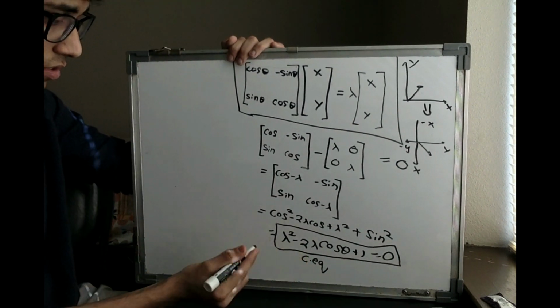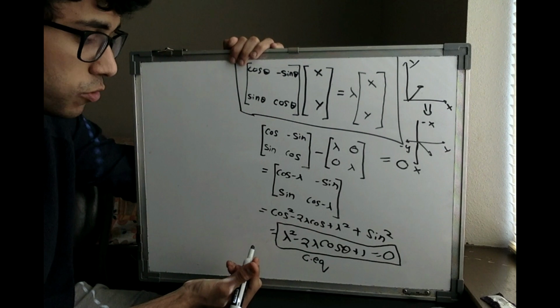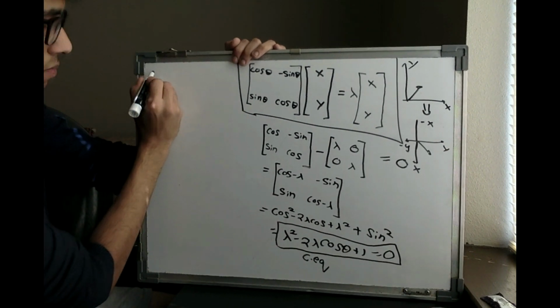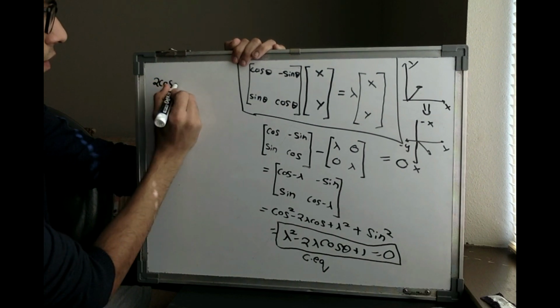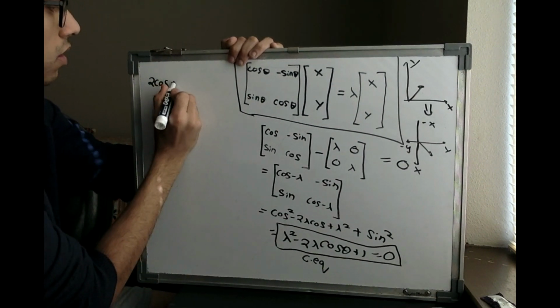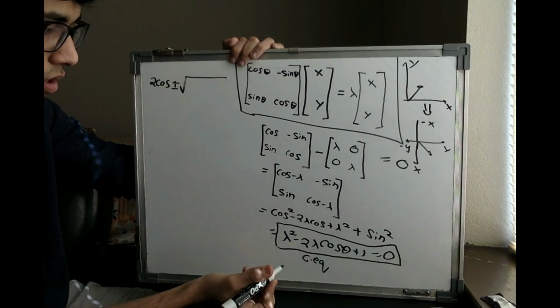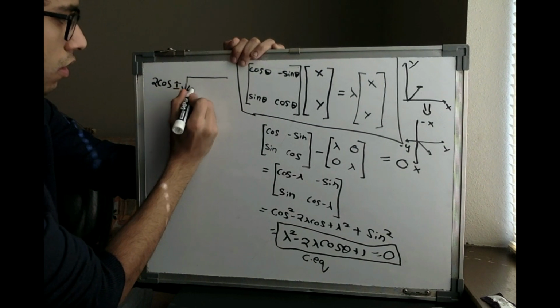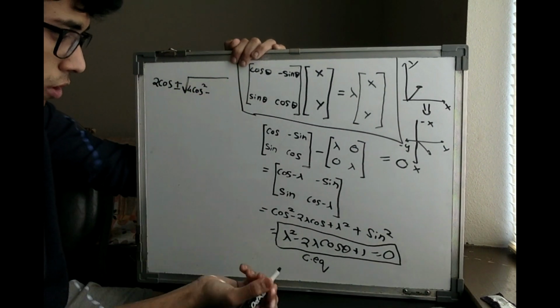So let's try to consider this equation again. This is a quadratic equation, so it won't be difficult for us to find the roots by using the formula. So minus b, which is 2 cosine theta, let's ignore theta, divided by 2, plus or minus the square root of b square, which is 4 cosine square, minus 4.